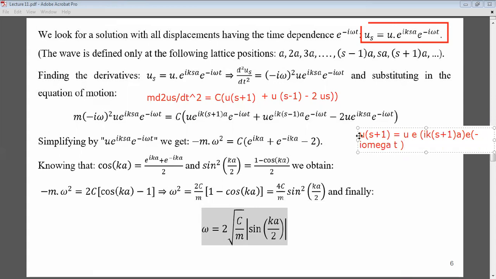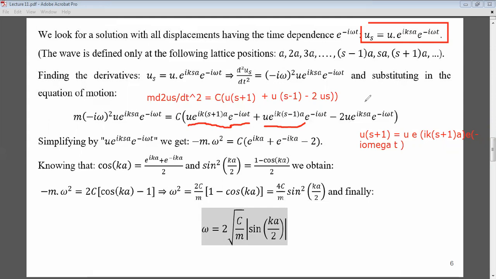So this is U(s+1). U(s-1) will be the same thing, but with s-1, and U(s) is U(s) as it is. So now what we get is, the first term, U e^(i k (s+1) a) e^(-i omega t), plus U e^(i k (s-1) a) e^(-i omega t), minus 2U(s).